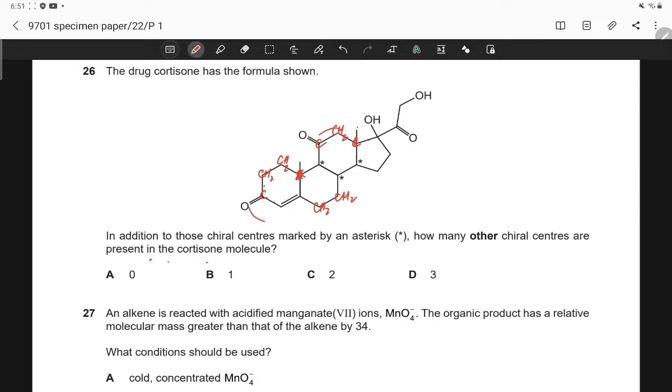This is another chiral carbon, and this is also, this carbon is surrounded by four different groups, so this is again a chiral carbon. So D option is correct.